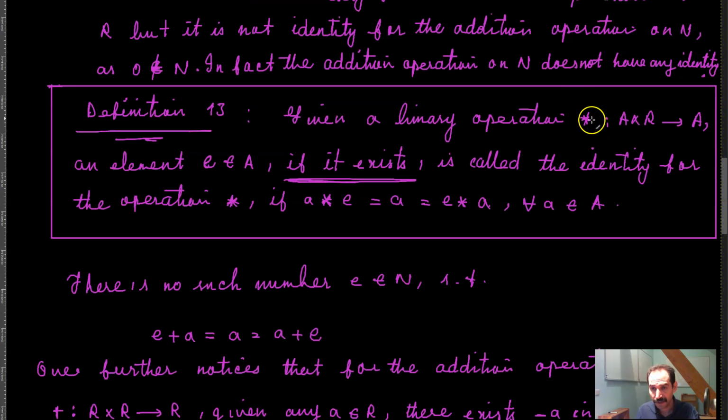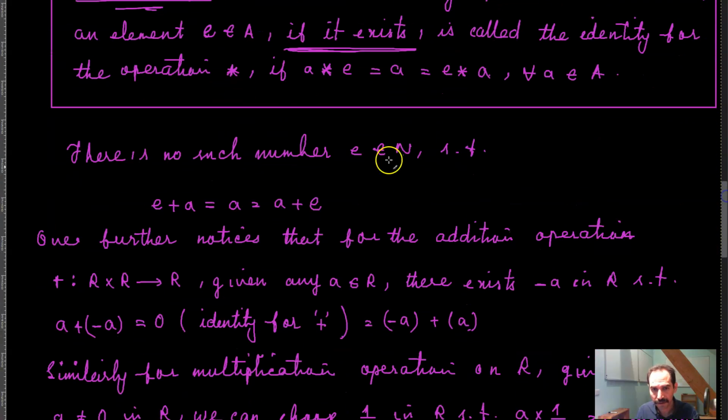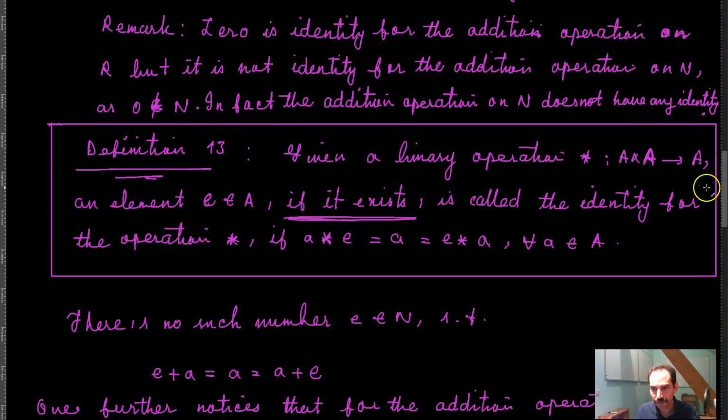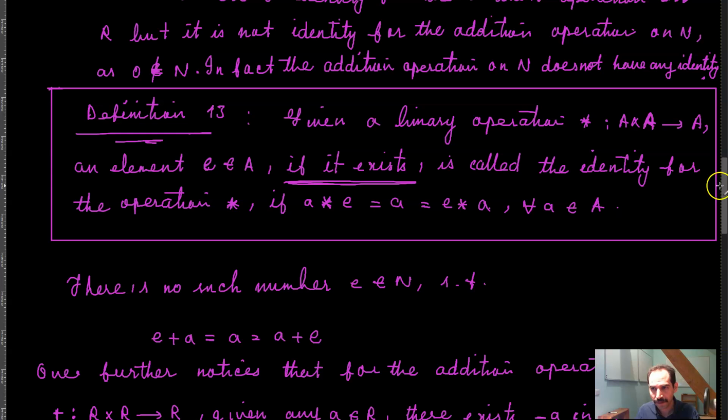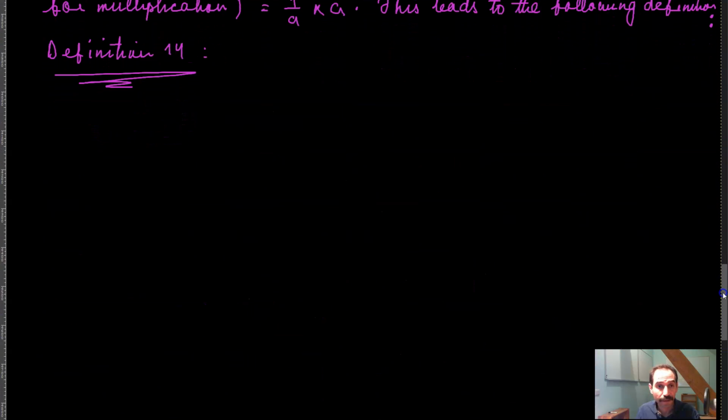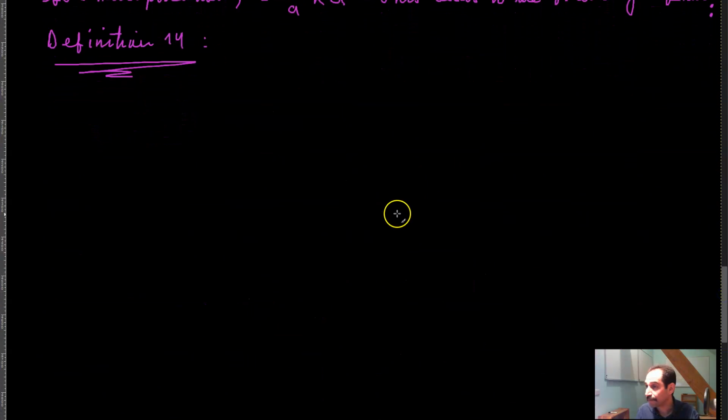When I was defining a binary operation on A, I wrote an R over here, which is supposed to be an A, of course. So I apologize for that. I saw that later while reading my own text, so I have to correct myself. And there we have definition number 14.